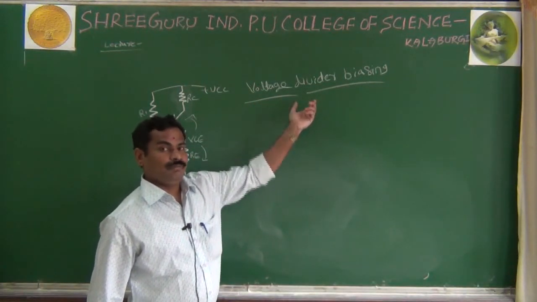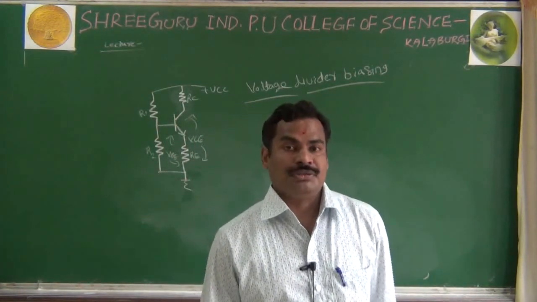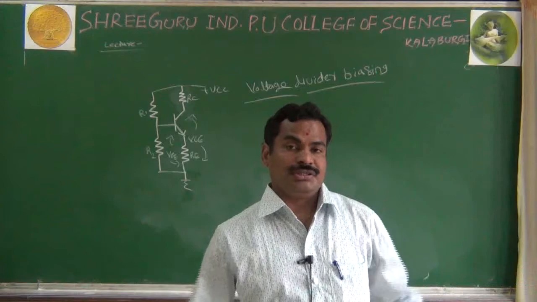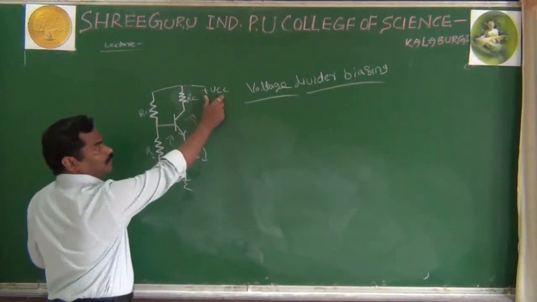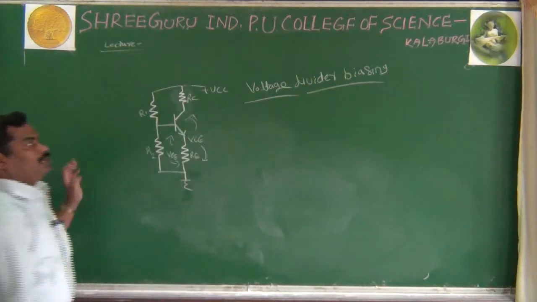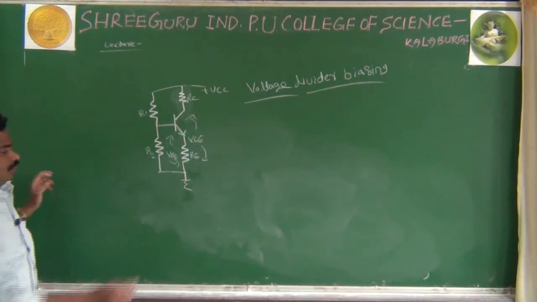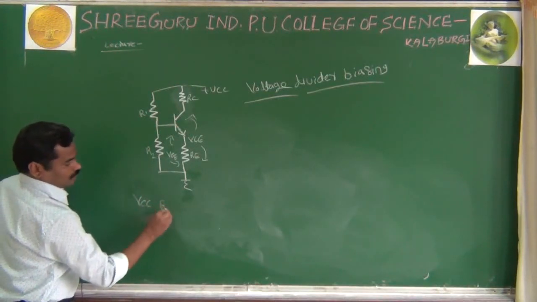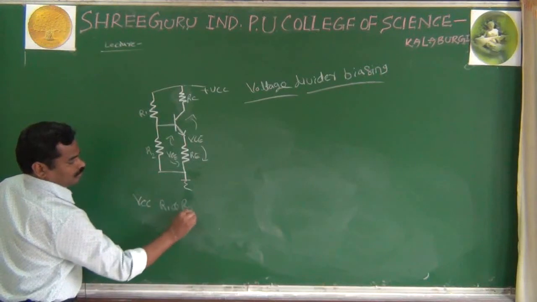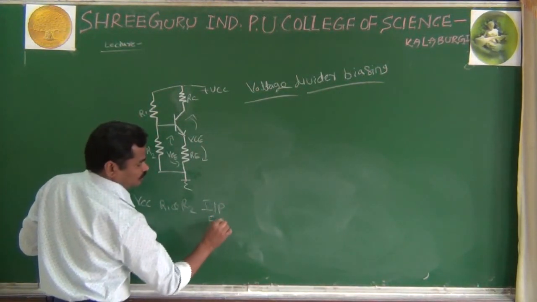As I said already, in general you are using two power supplies. One makes it forward bias, another makes it reverse bias. And here you are using only one power supply, that is VCC. By using VCC, R1 and R2, that makes the input forward bias.